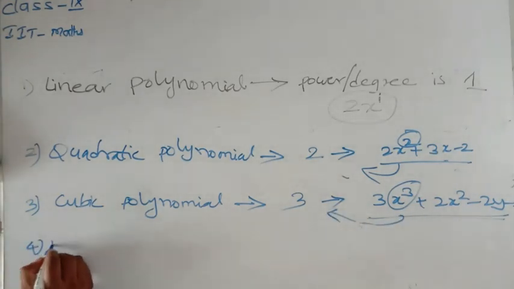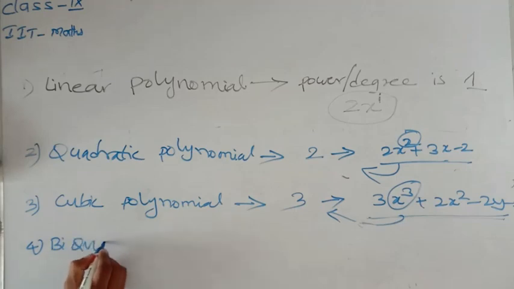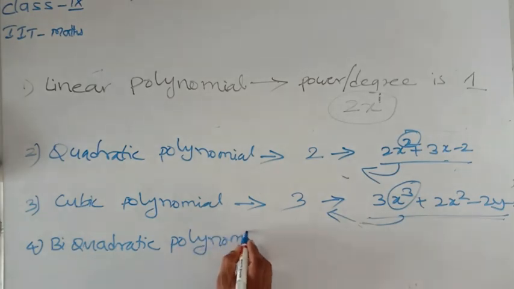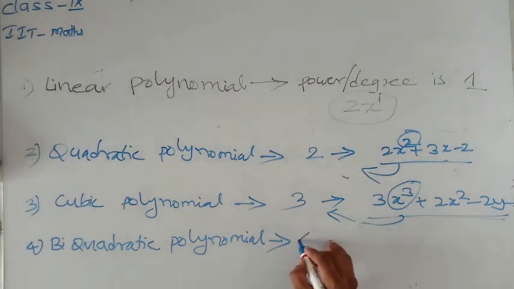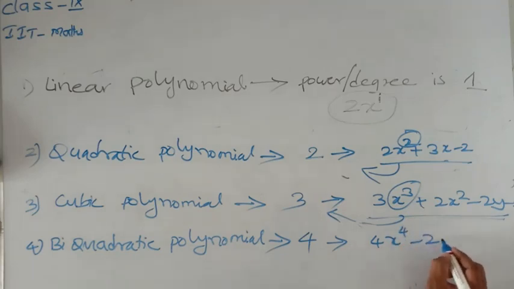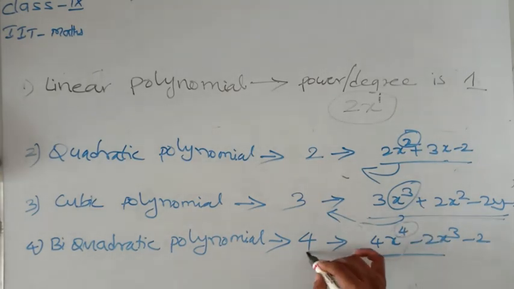Next one is biquadratic. The polynomial whose degree is 4, then that is called as biquadratic polynomial. Example is 4x to the power of 4 minus 2x cube minus 2. In this expression the highest power of x is 4, hence it is a biquadratic polynomial.